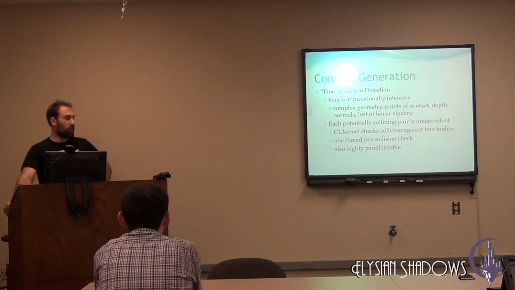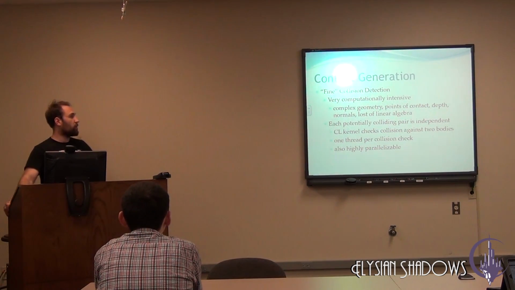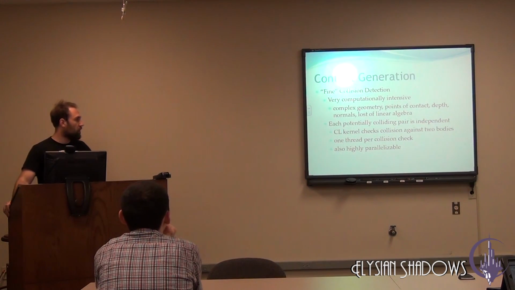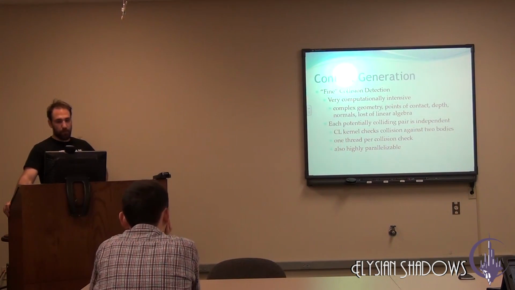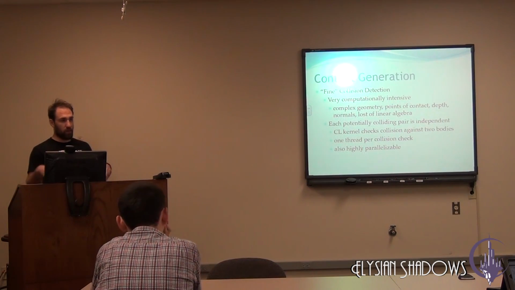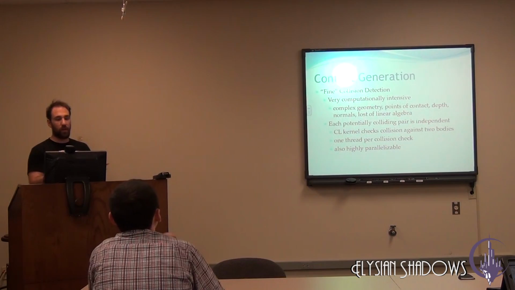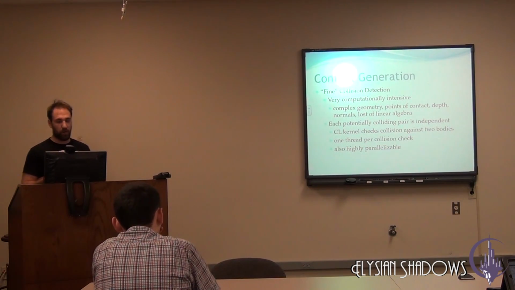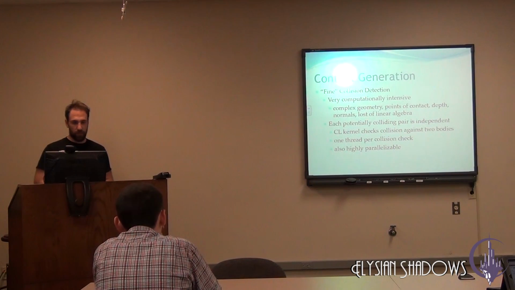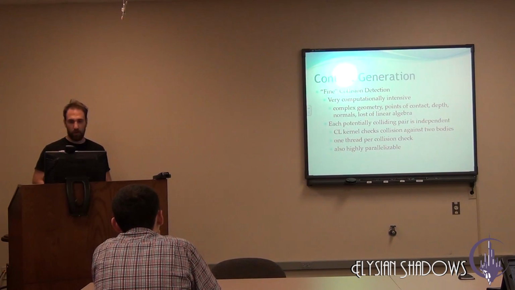Anyway, there's a whole lot of math going on, especially if you have physics, because you need more information than just the Boolean value as to whether you're penetrating another object or not. And each colliding pair is potentially independent, so if you have a set of potentially colliding contacts, you can check them all independently of one another, so that's also very data level parallel. You can have a kernel that handles one pair of bodies per thread.